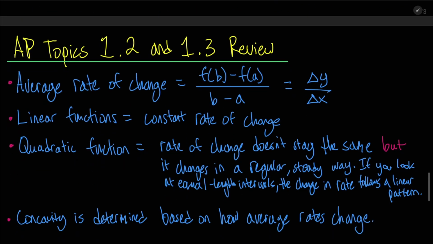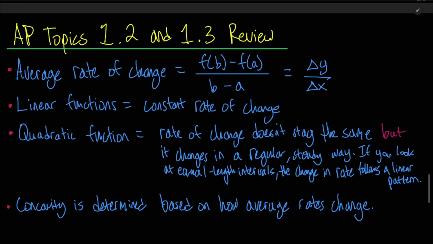And that basically sums up AP Topics 1.2 and 1.3. So here are the key things that you need to know about. Average rate of change is the change between 2 points. Instantaneous rate is a change at 1 point, and you approximate it using tiny intervals that are nearby.